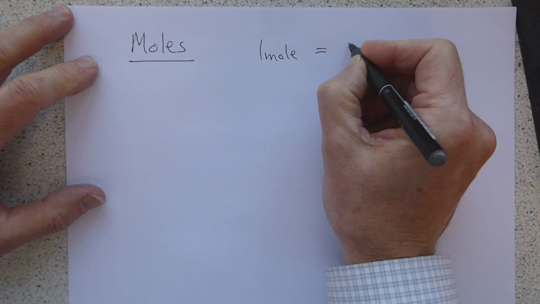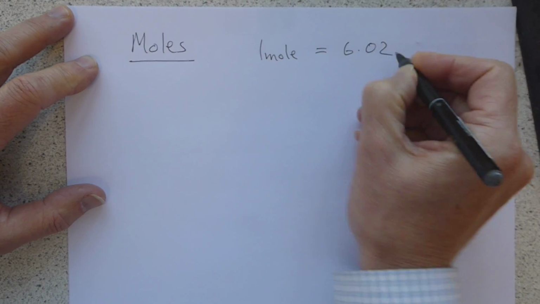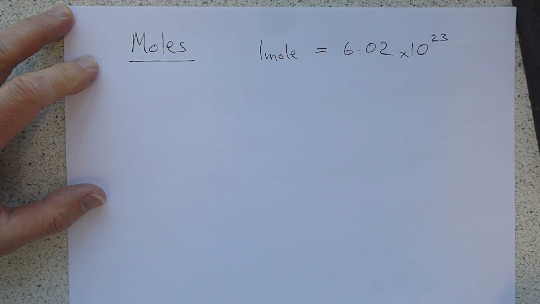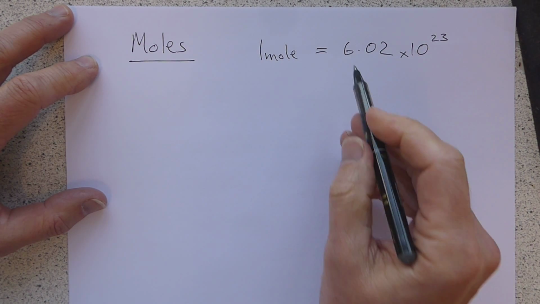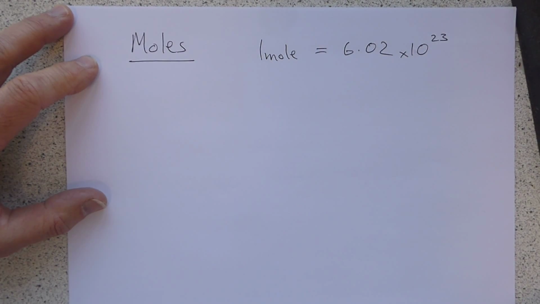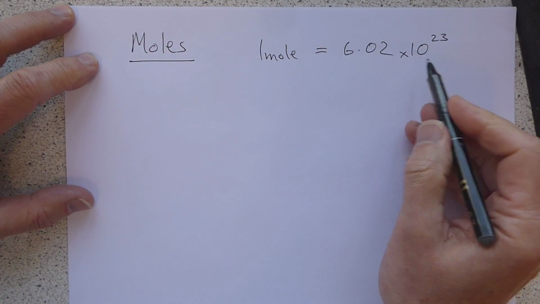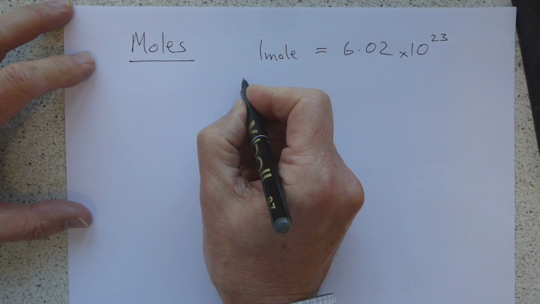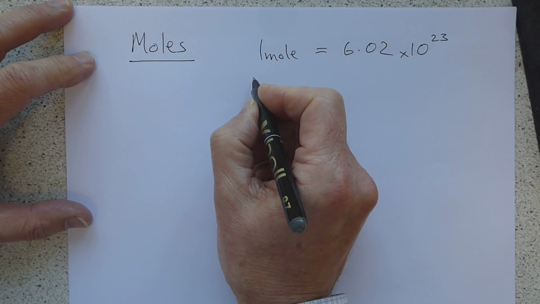Well, 1 mole of anything has the same number of particles of that thing. 6.02 times 10 to the power 23 happens to be the number. It's a bit like in everyday life, the word dozen means 12. The word mole means 6.02 times 10 to the power 23. And we choose that number, which seems a very odd number, because it just so happens that that number of carbon atoms weighs 12 grams.